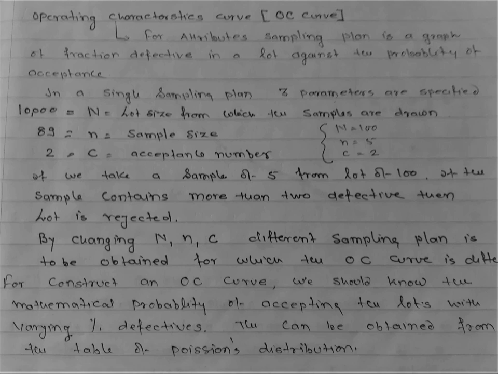So when we change these parameters, the shape of the curve also differs. To construct an OC curve, we should know the mathematical probability of accepting the lots with varying percent defective, and this can be obtained from the table of Poisson distributions.